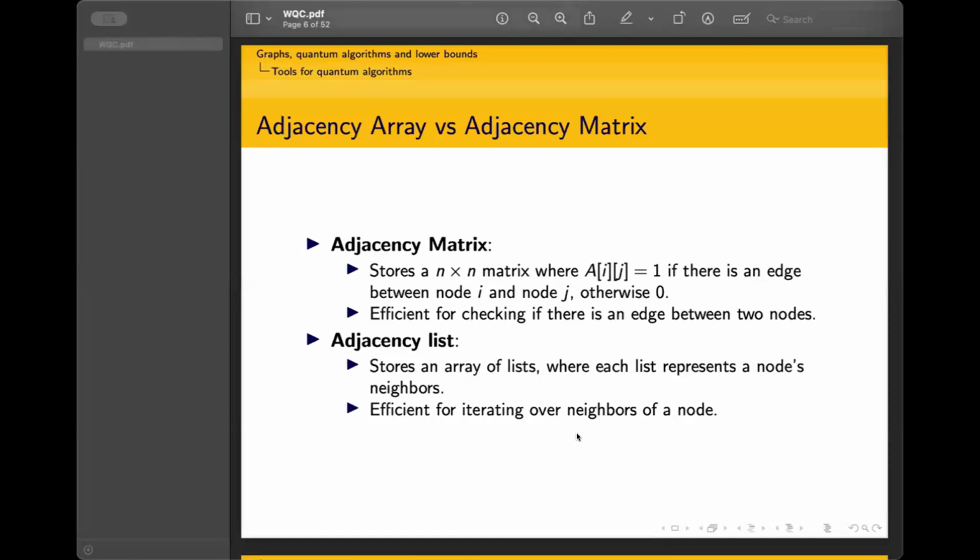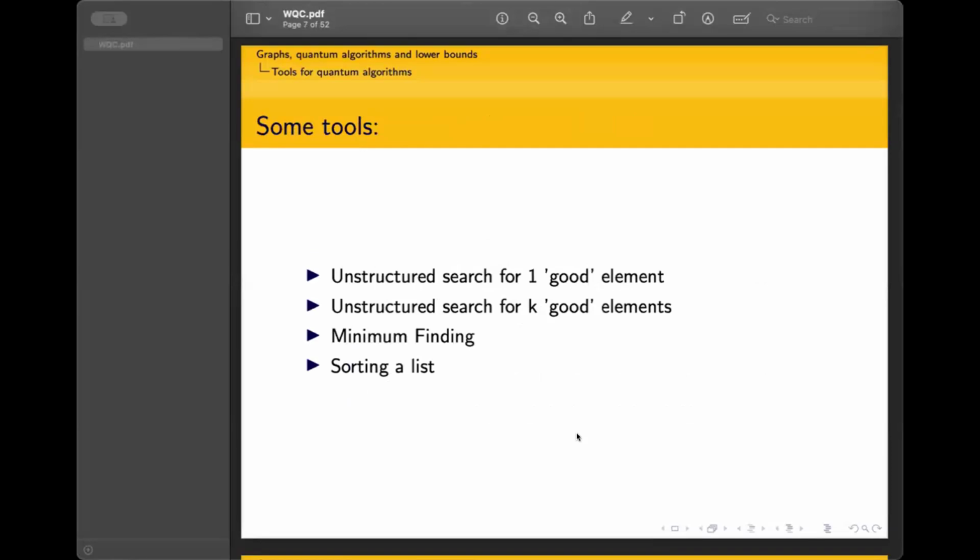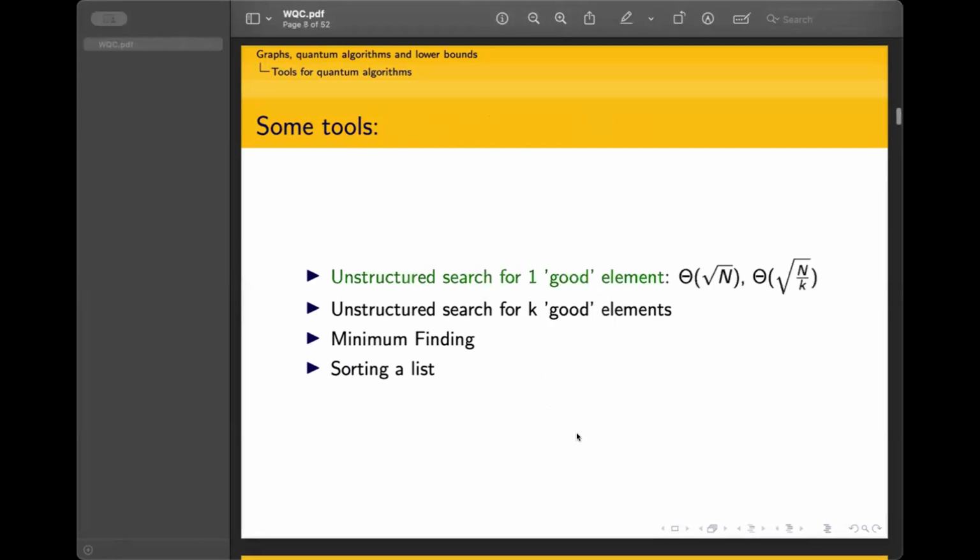Okay, so moving forward, we'll talk about some tools. These are very standard algorithms for which quantumly you can do better. If you want unstructured search for a good element in a list, then you know that quantumly you can do that in square root of n time, whereas classically you need to explore the whole list, so you need to make n steps, right?